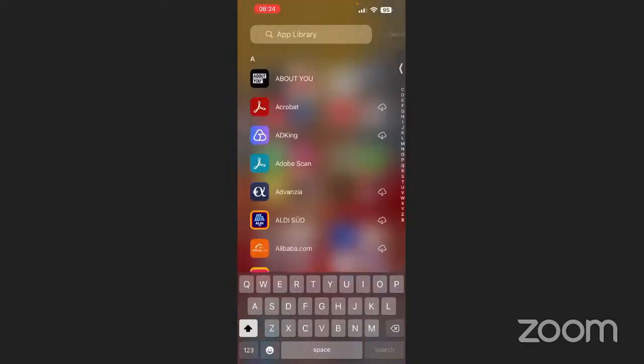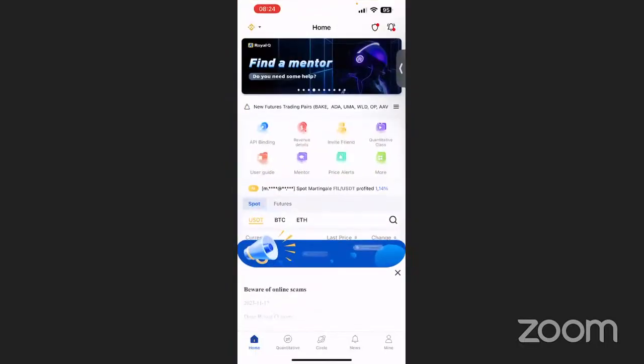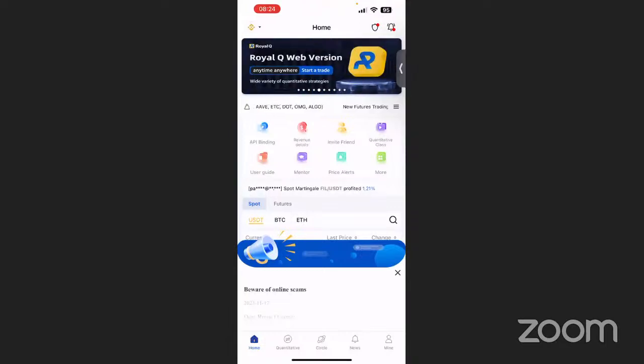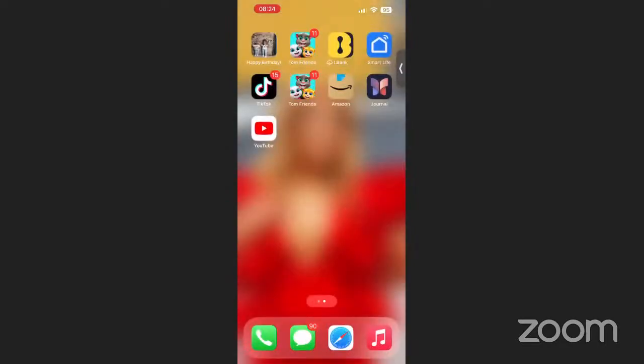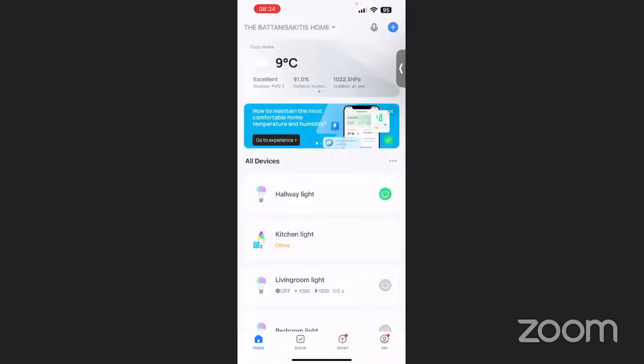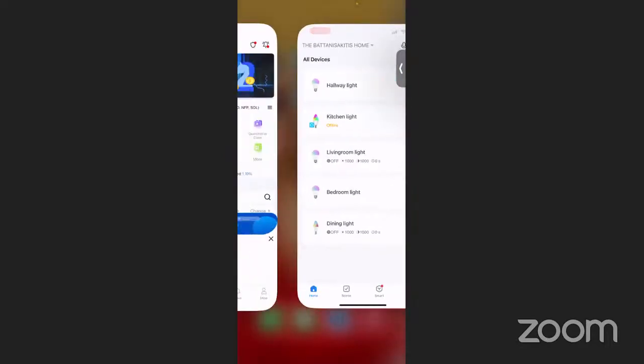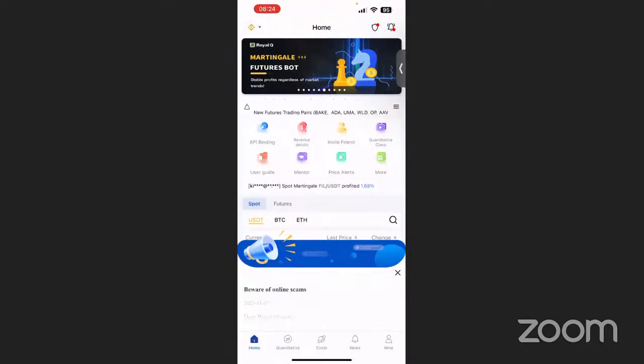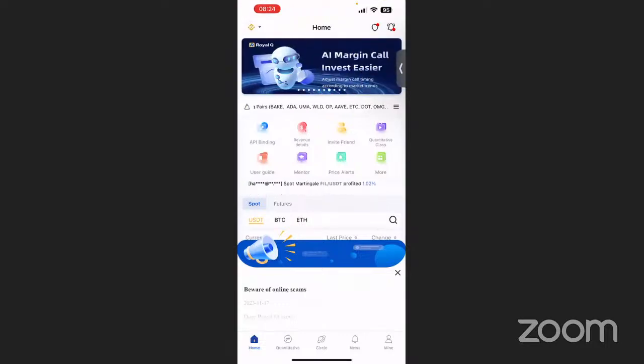All right, so let us launch the Royalq app. Once you open the app, it provides a page where you can type your account or your email and your password. As soon as you do that, you are able to get a page like this.